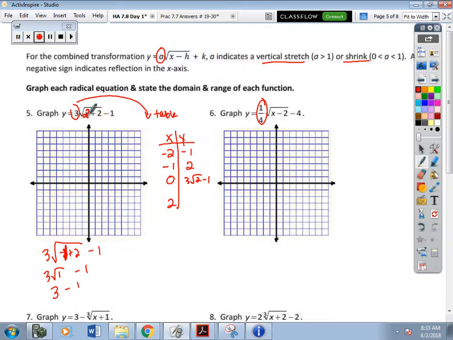The square root of 4 is 2, and 3 times 2 is 6. 6 minus 1 is 5. So sometimes you have to kind of play around in your head and think of what numbers will actually give me a square root I know. Because this one I can't plot, right? So then we'll go ahead and graph this. So -2, -1, -1, 2.